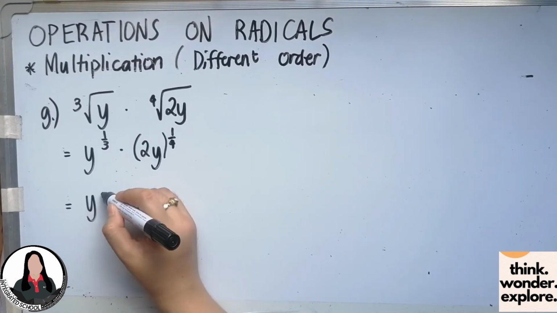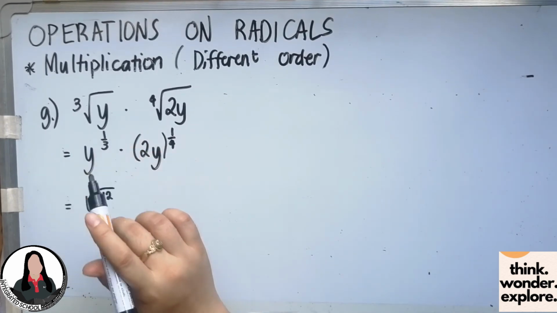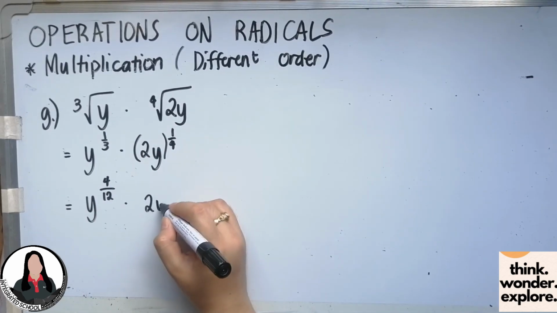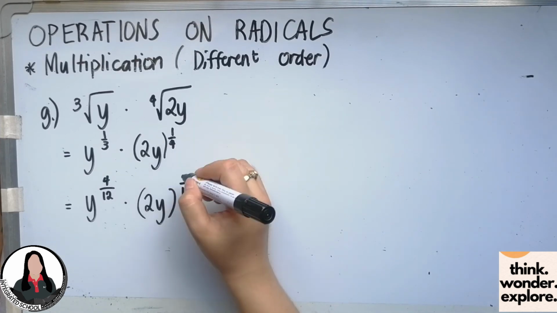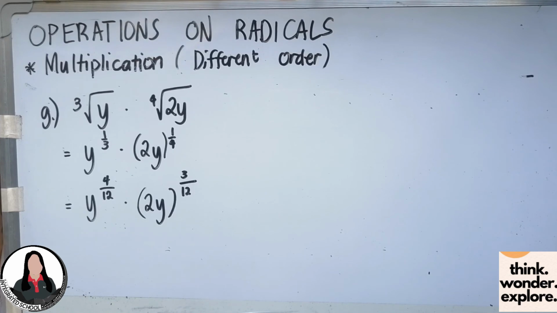So, we rewrite this as 12. So, y raised to 12 divided by 3, that's 4 times 1, we have 4. Multiplied by, so we have the quantity of 2y, and 12 divided by 4, that's 3 times 1, and that's 3. Now, since parehas na ang kanilang denominator, pwede natin siyang isulat sa kanyang radical form.